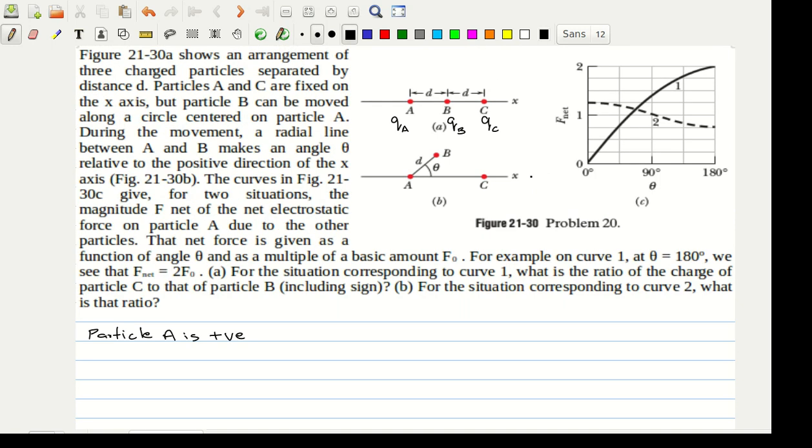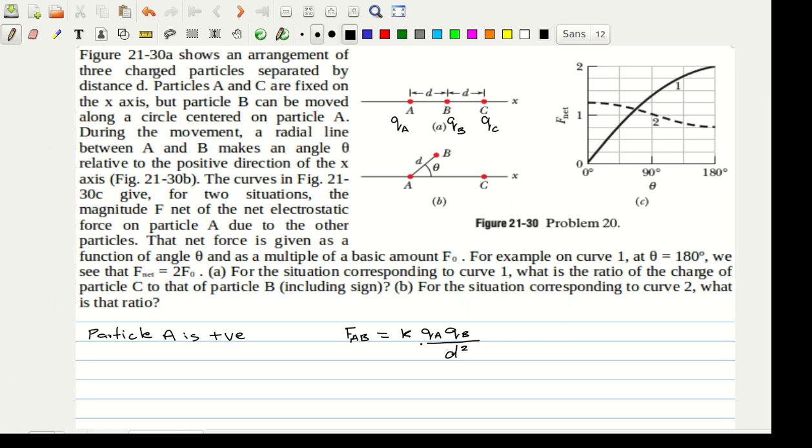So let us first find FAB, the force on particle A due to particle B. This is going to be K times QA times QB divided by the distance squared, which is d squared.